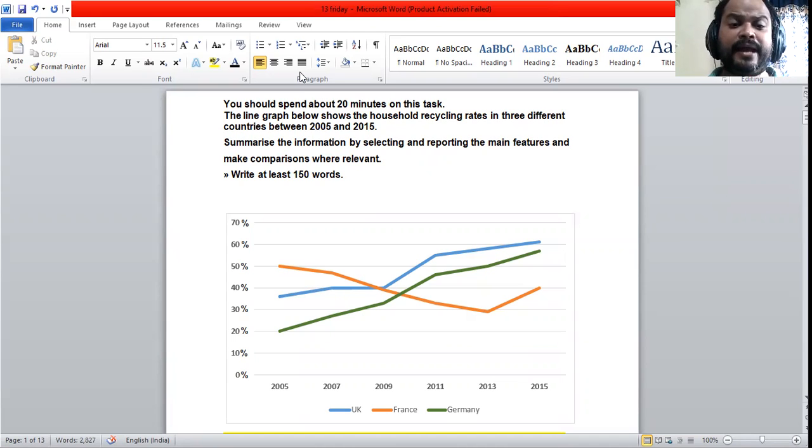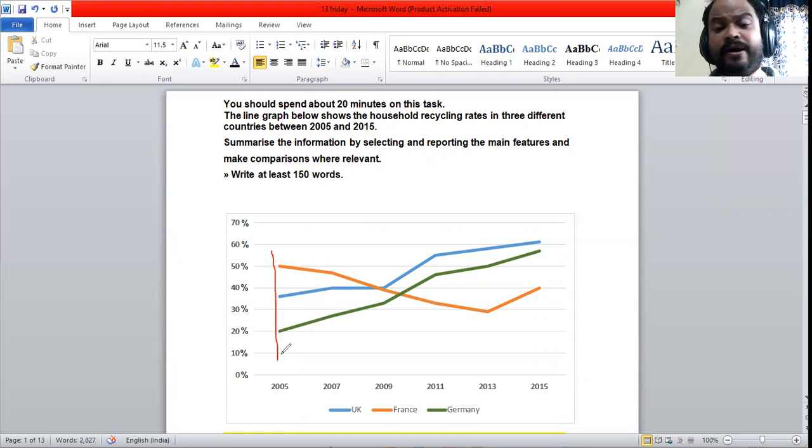So the break can be given here. This is the first. So starting point, we cannot do anything. We have to say this is a crucial year. We have to say something here. This is a crucial year. We have to say something here. This is a crucial year. We have to say here. And so these are the time frames we need to mention. 1, 2, 3, 4, 5 time frames.